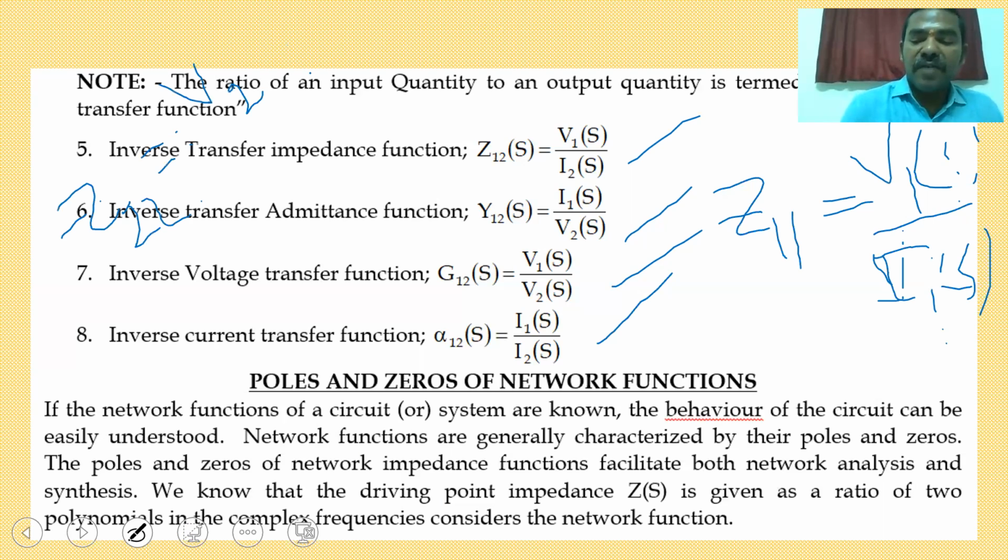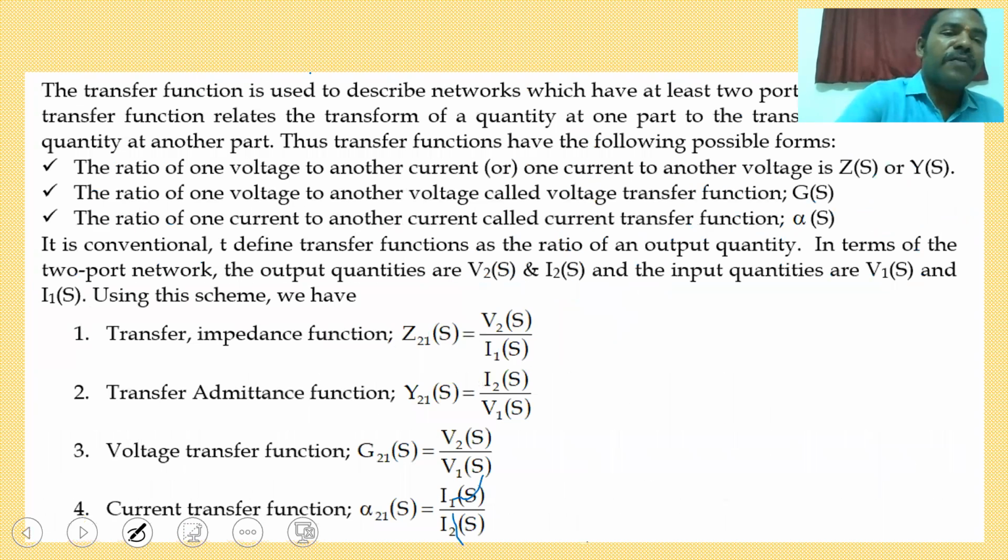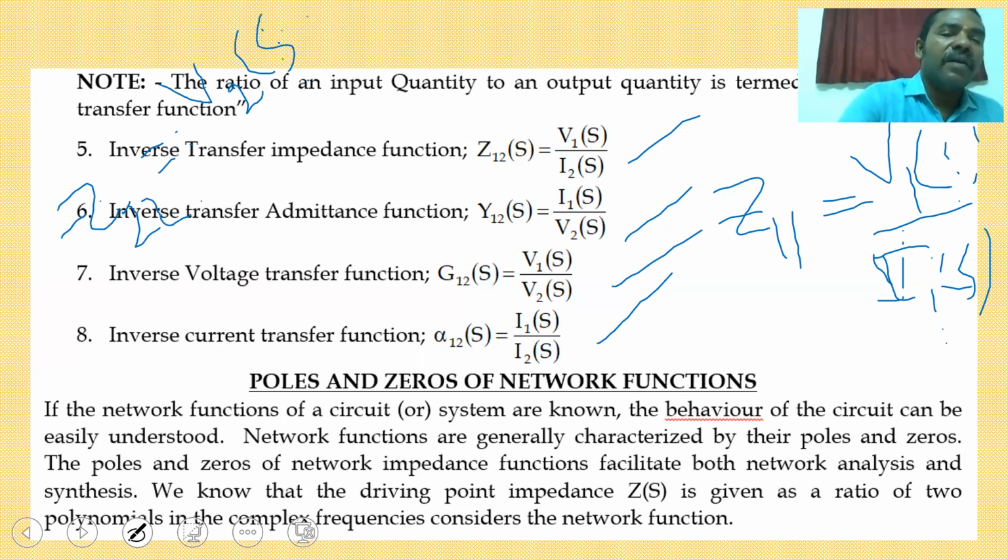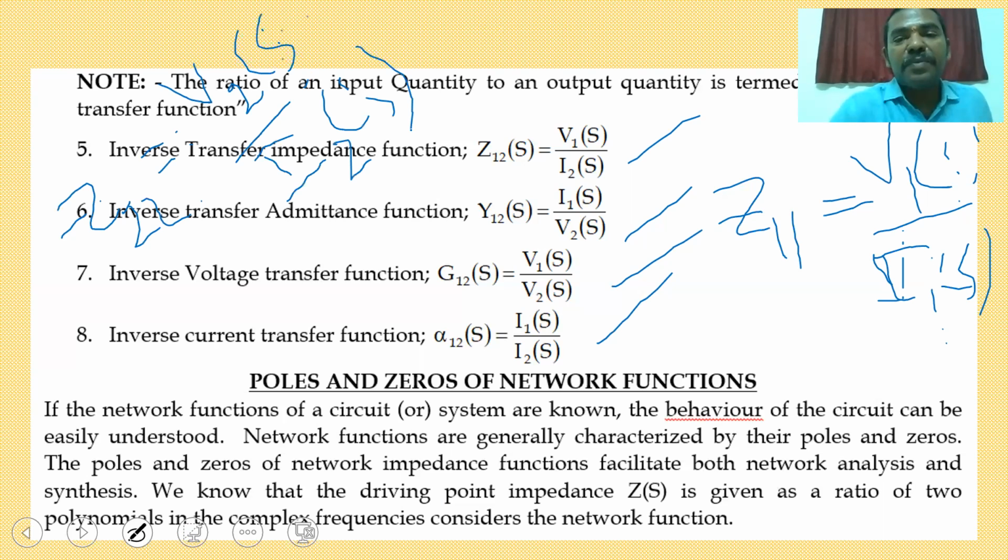So these are driving point impedances, and transfer impedance means one port voltage to another port current, or one port voltage to another port voltage. So where different quantities are taken, it is a transfer function. Where the same port quantities are taken, it is a driving point function.